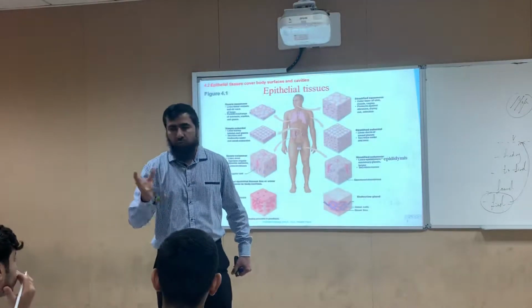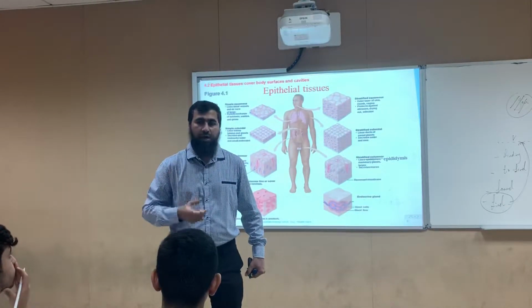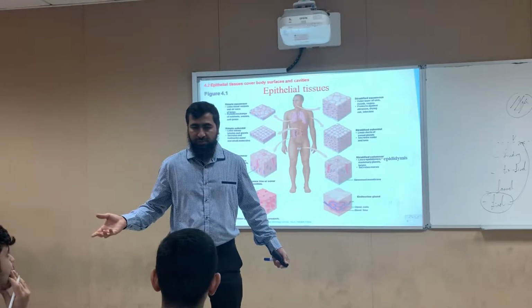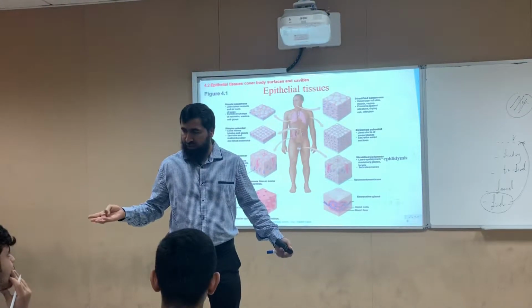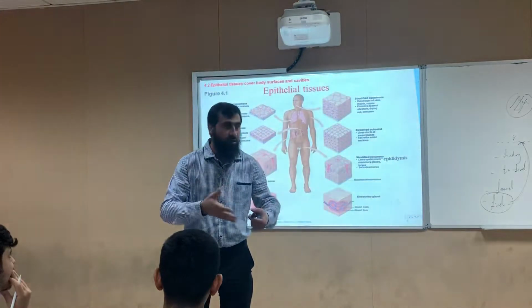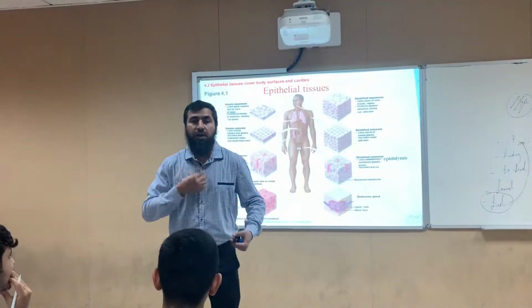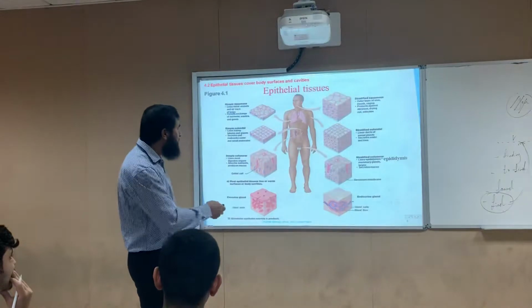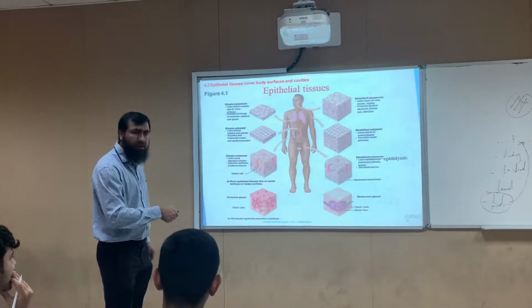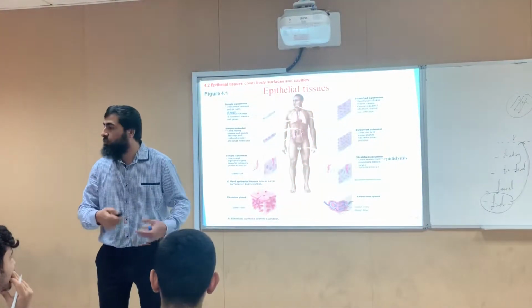If your cells were exposed to those digestive enzymes, what would happen? What are your cells made up of? The four macromolecules, isn't it? So the digestive enzymes would break them down. So our digestive lining has these epithelial tissues which secrete mucus, okay?